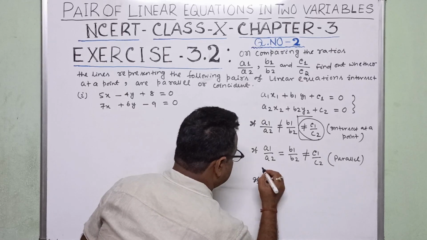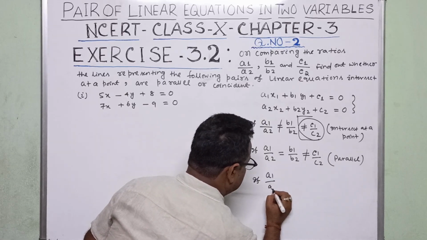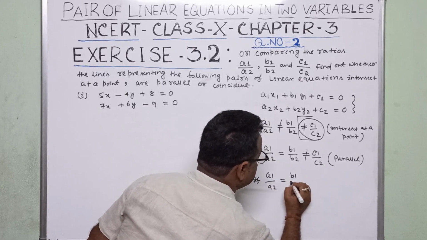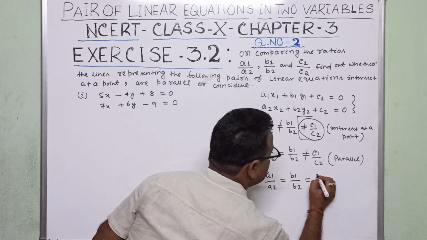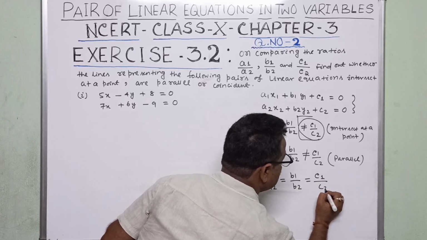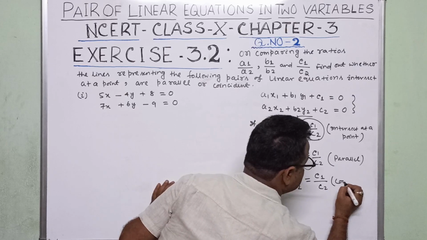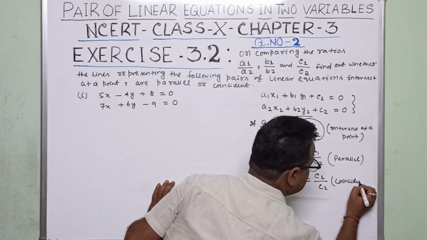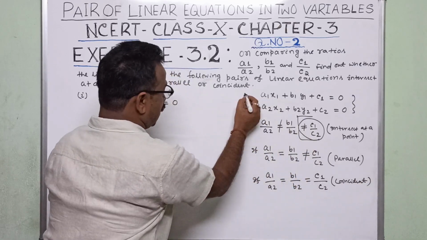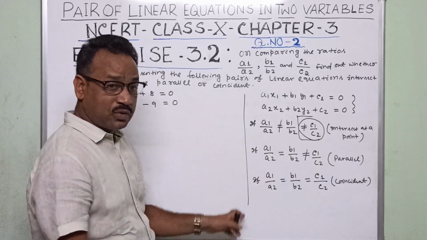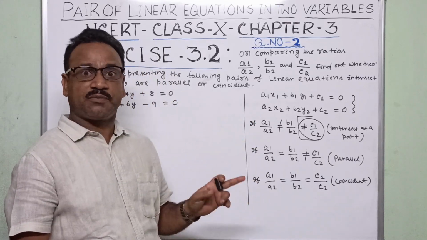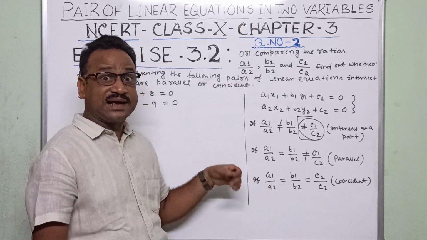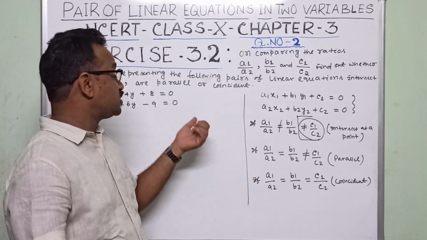Third, if A1 by A2 is equal to B1 by B2 is equal to C1 by C2, then they are coincident. You know all these things from the conceptual part. Recall it again and again before you solve this.